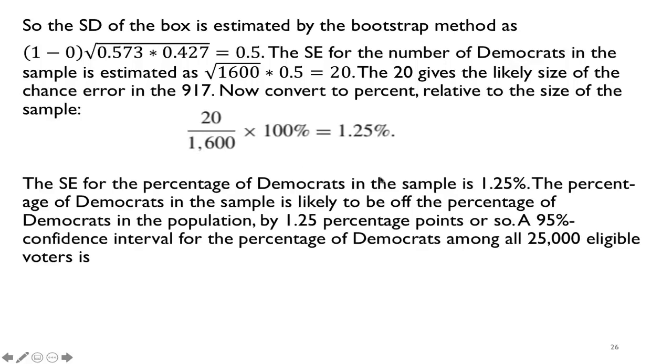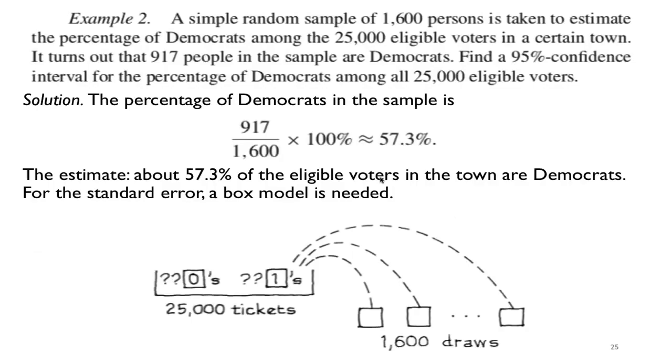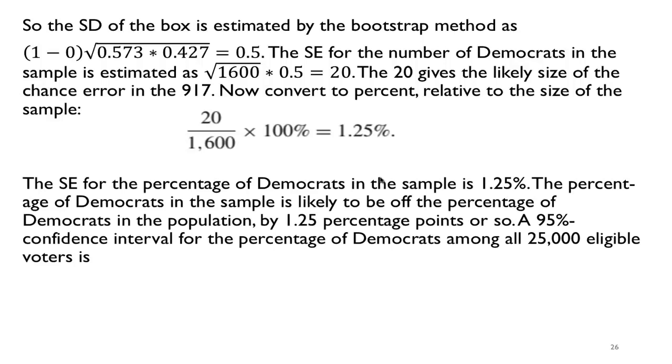So this says that the percentage of Democrats in the general population is probably around 57.3%, and that error is about 1.25%. To find a 95% confidence interval for the true percentage of Democrats among all voters, we take the sample percentage, 57.3, and add or subtract 2 times the SE percentage, in this case 1.25.